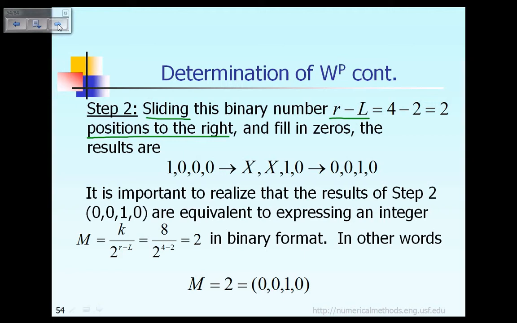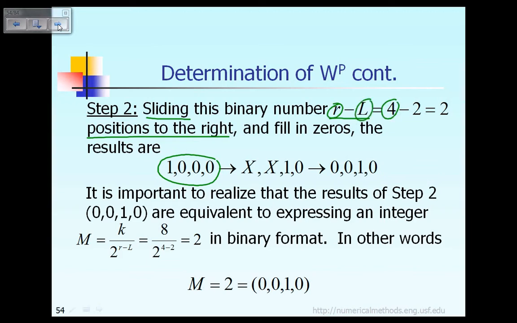What I mean is, remember number 8 can be represented as 1, 0, 0, 0 in binary form. Now, if we slide this number by r minus l positions, well, in this example, r is equal to 4.